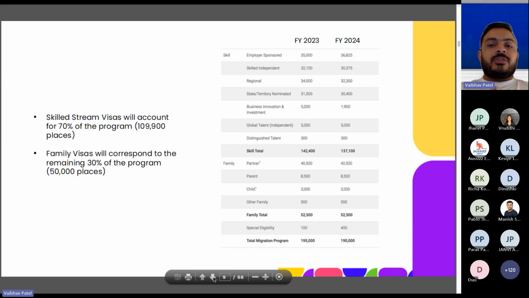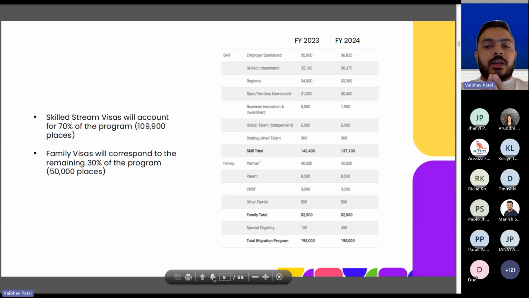Regional sponsored visas had 34,000 in the last financial year. It will go down to 32,300, so a slight decrease. State nominated visas is 31,000 in the current financial year. In the upcoming financial year, it will be 30,400.